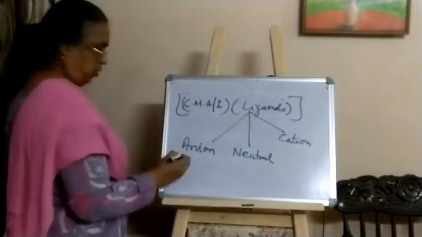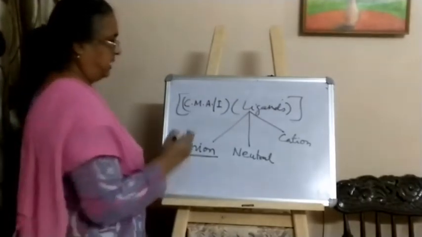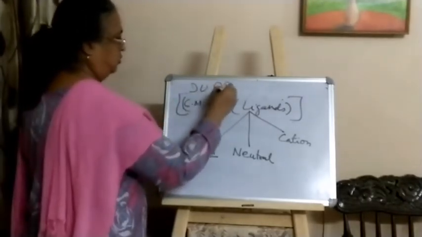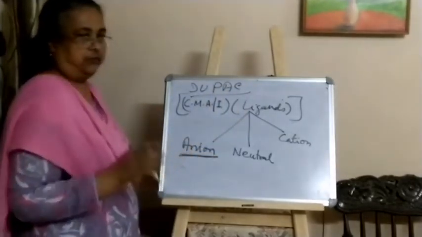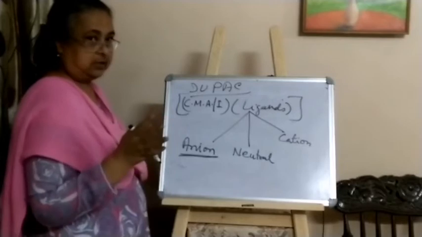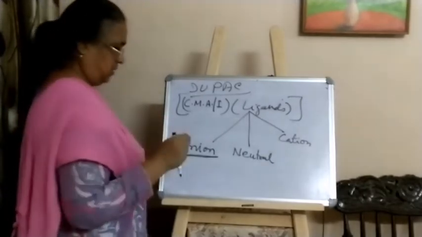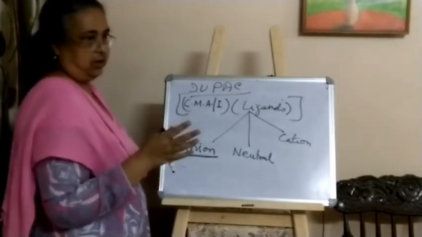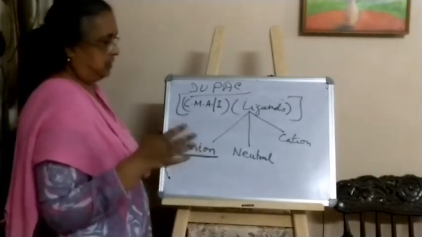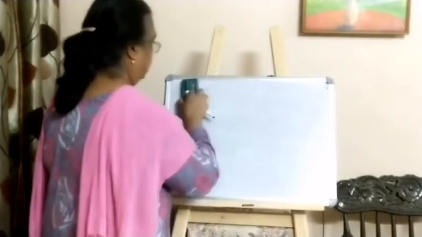And if we have more than one anion, then they should be written alphabetically. In the IUPAC system of nomenclature, you know that we have to write alphabetically by the first letter of their name, not the prefixes mono, di, tri. Only the name. If the name is chloro, then C. Dichloro, then D will not be considered. Chloro, C will be considered, and it is written according to the alphabetical order.